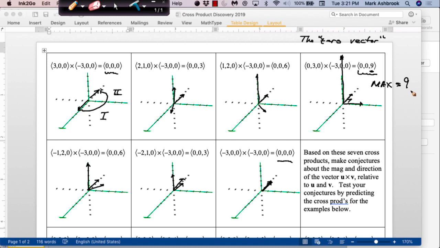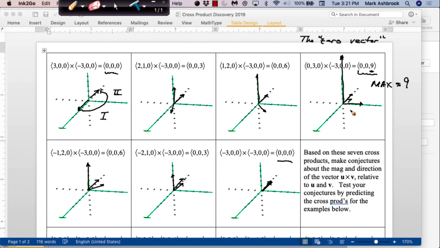But now it's when what? When they're perpendicular. Again, the exact inverse situation of the dot product. So the magnitude of the cross product is also the product of the magnitudes, but as much as what? As much as the vectors are perpendicular.